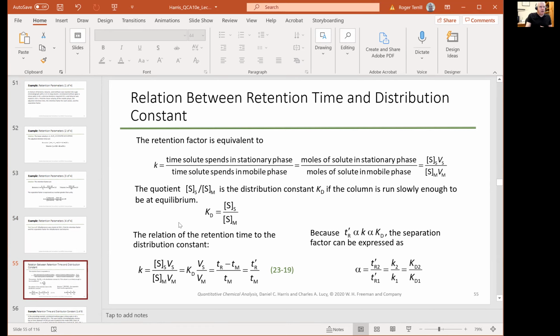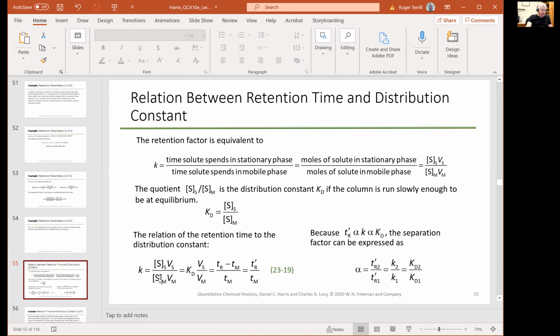Little k versus capital K, right? And so the partition coefficient capital K is equal to the concentration of analyte in the stationary phase divided by the concentration of analyte in the mobile phase, right?